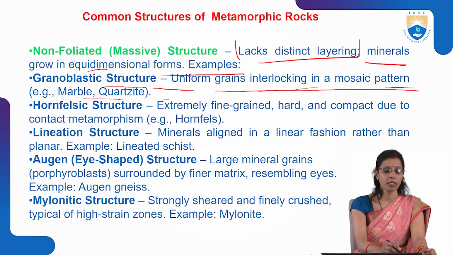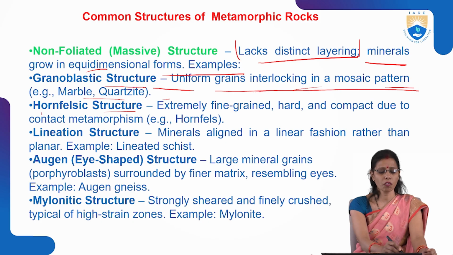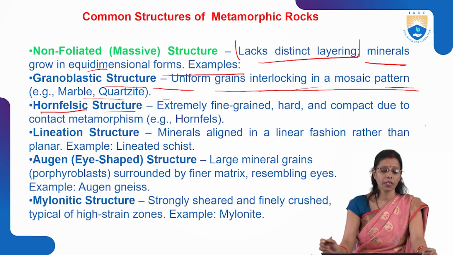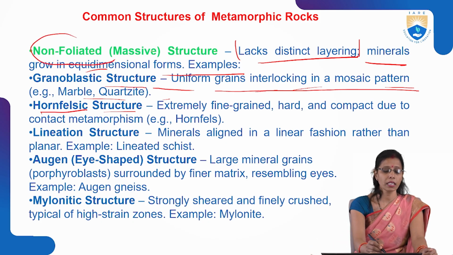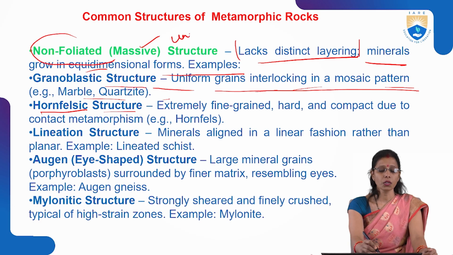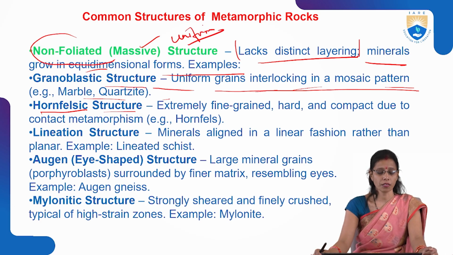Next we can see the hornfels structure. There is one more type of structure in the non-foliated. Non-foliated is basically massive, or uniform. Extremely fine grains, hard and compact due to contact metamorphism, like hornfels.